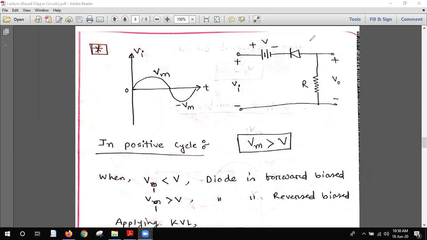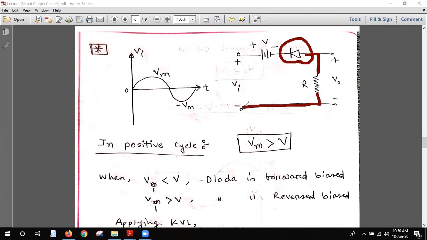yesterday, whatever clippers we did, if you remember, the diode is in series with the output. Similarly, this diode is in series with the resistance. That's why this type of clipper circuit is also known as a series clipper.